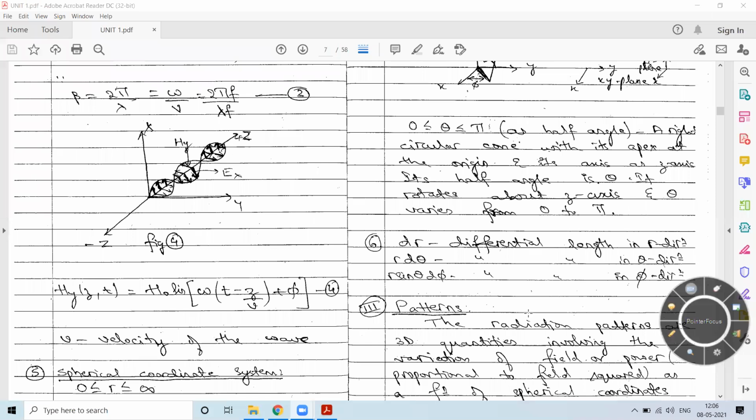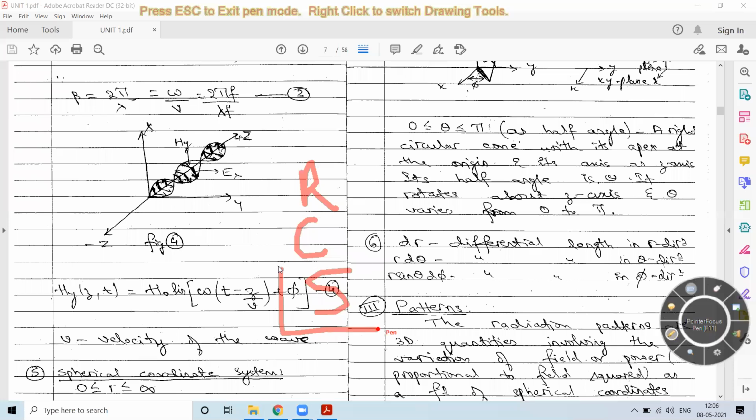So you have three coordinate systems. One is the rectangular coordinate system, one is the cylindrical coordinate system, and another one is the spherical coordinate system. When we are dealing with the radiation pattern and antenna representations, our foremost interest will be basically with the spherical system.